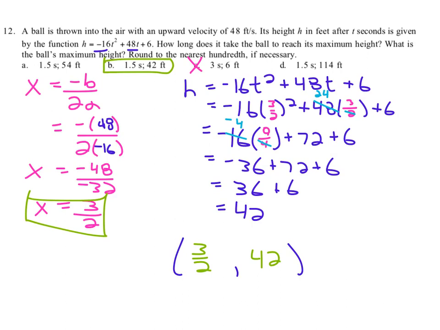So this might be a little mind-boggling to you. It's an application of what we learned. Okay, but if you want to know how long does it take to reach its maximum height, and you know that essentially t represents just like the x-coordinate, right? That's the input, the independent variable.